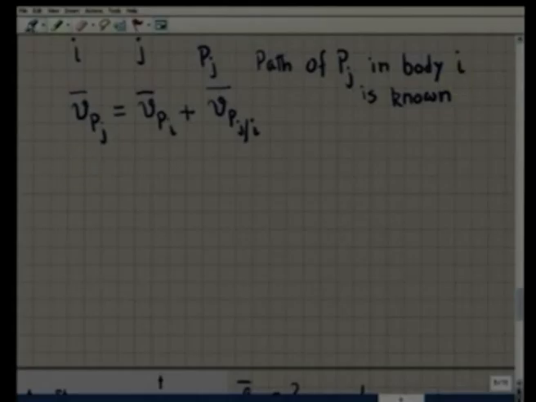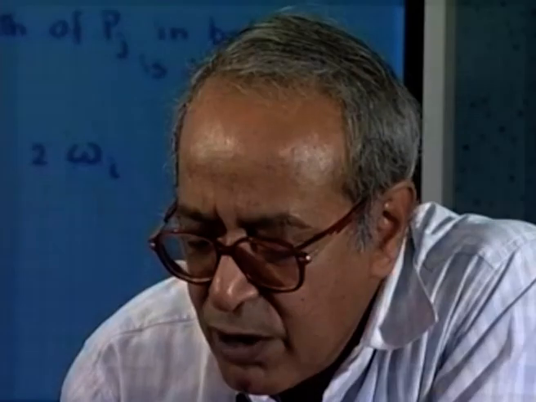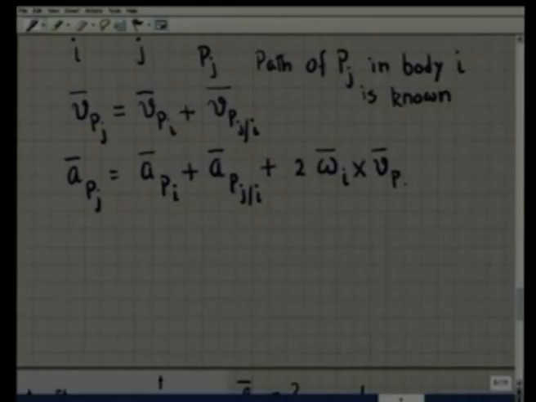But for acceleration, I will have acceleration of pj is acceleration of pi plus acceleration of pj as seen by an observer on body I plus a Coriolis, which is twice omega I, angular velocity of the body I is known, cross v p j I. This I write API plus.